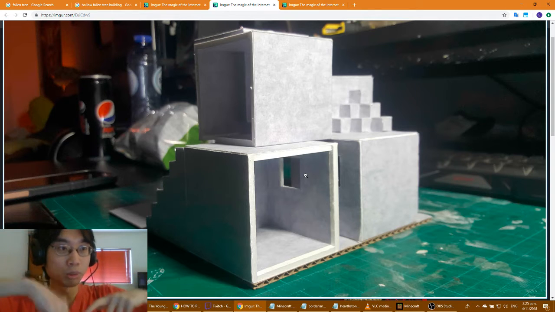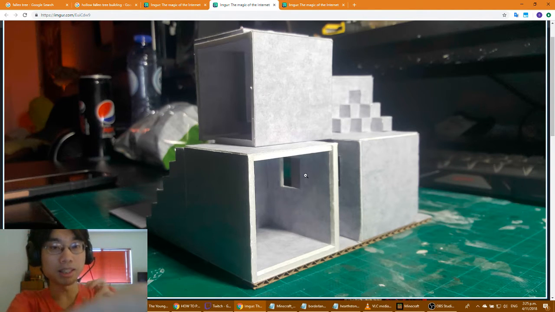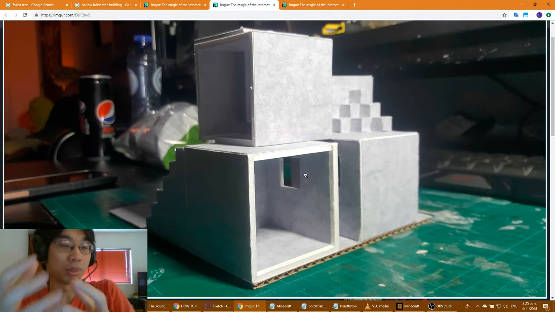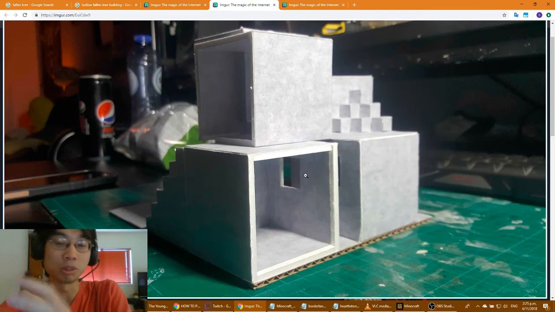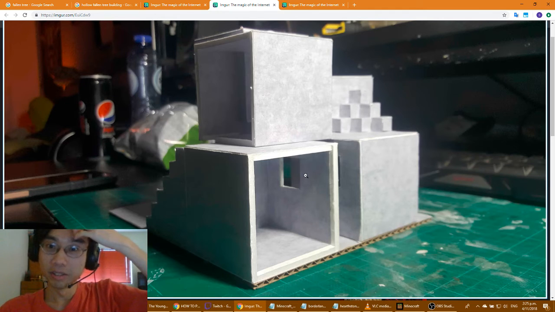As you move through the spaces, you are tempted to keep moving forward because you always see glimpses of interesting things in the other rooms through these windows. So there's a bit of a Carlo Scarpa thing going on in there.